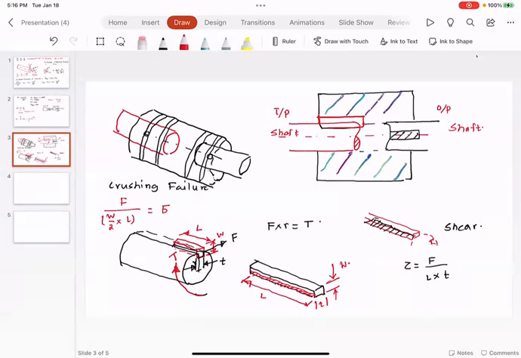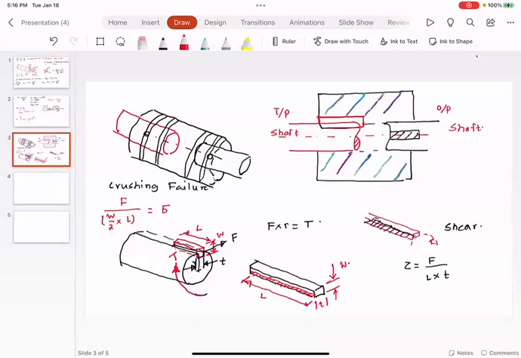Right. So the way you would design the sleeve is, you're going to have one key on the input side, one key on the output side. You really do not want those keys to be hitting each other, so you would add some sort of clearance. Typically, those keys are hammered in.